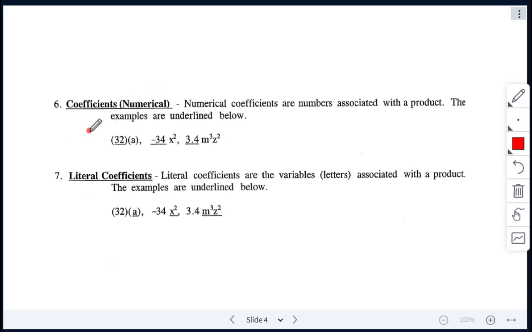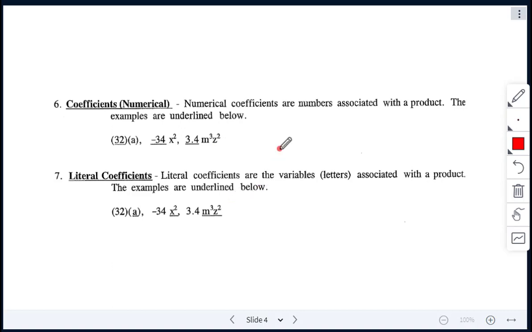These are the numbers that are associated with a product. So for example, if we had 32a, the numerical coefficient would be 32. If we have the expression negative 34x squared, then negative 34 is the numerical coefficient. Here we have 3.4, m cubed, z squared, so 3.4 is the numerical coefficient.